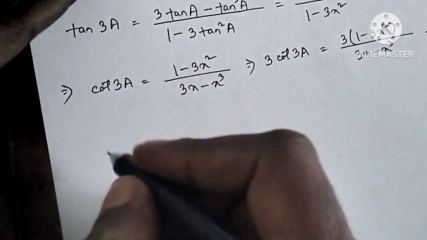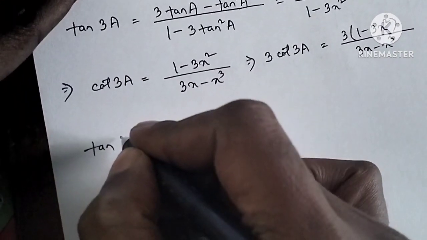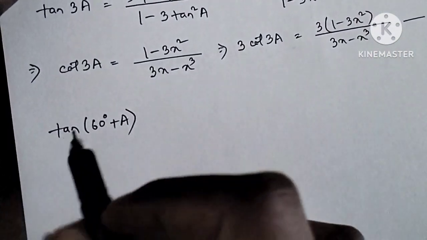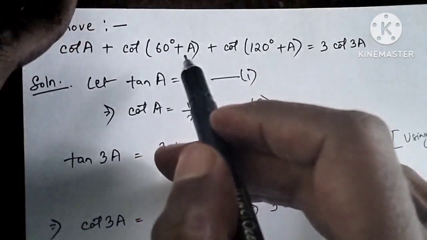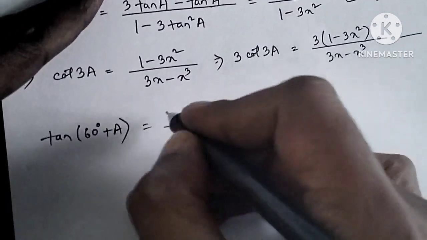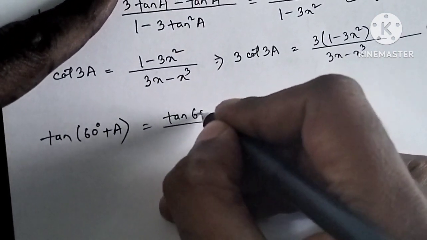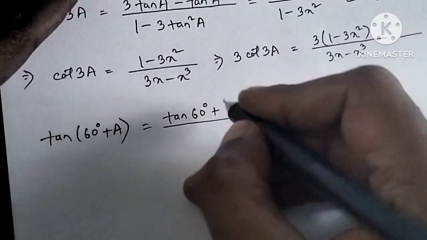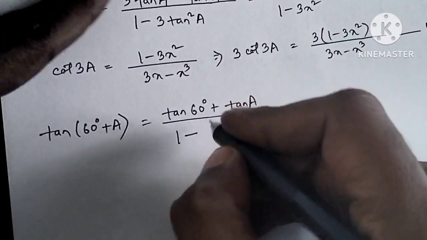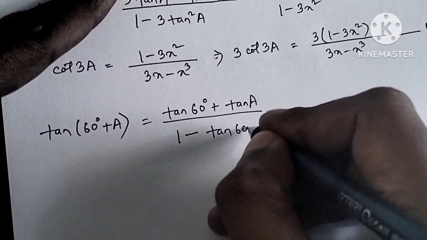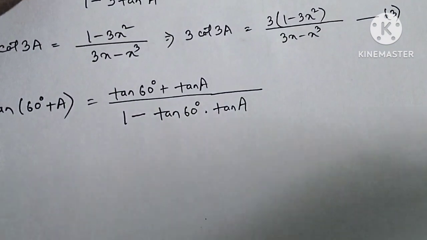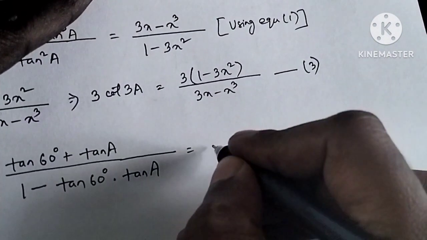So now we'll try to find tan (60 degree plus A), because we have this one. What is the formula of tan (A plus B)? It is tan 60 degree plus tan A, by 1 minus tan 60 degree into tan A. What is the value of tan 60 degree?